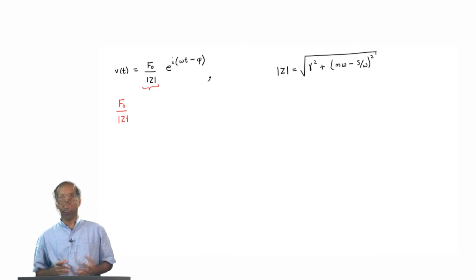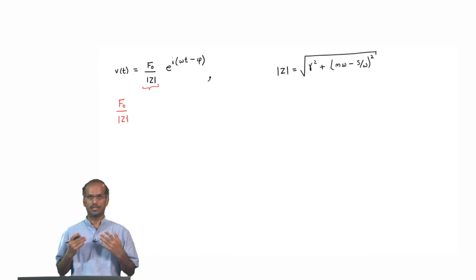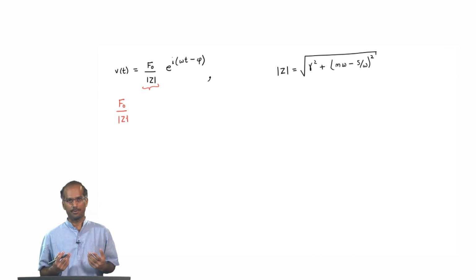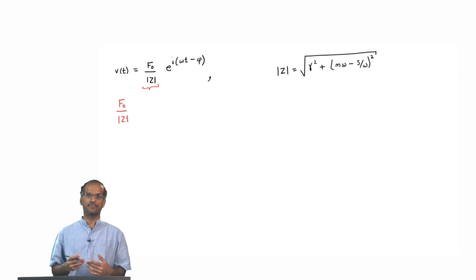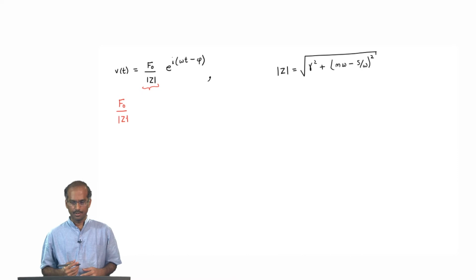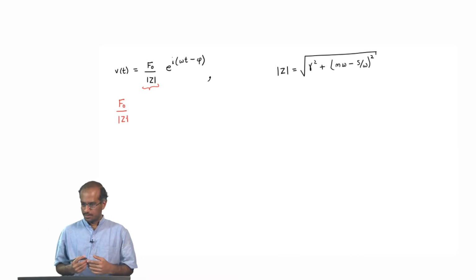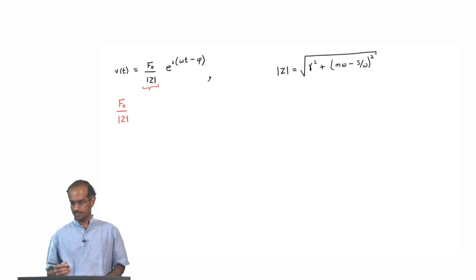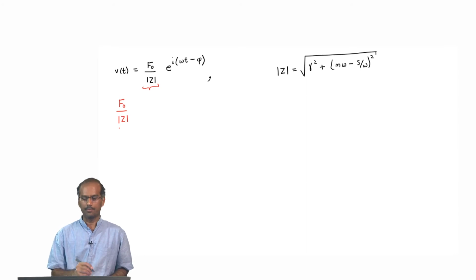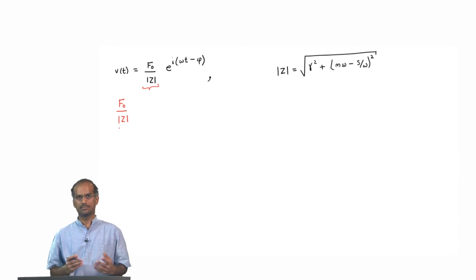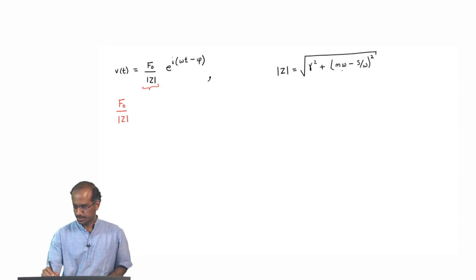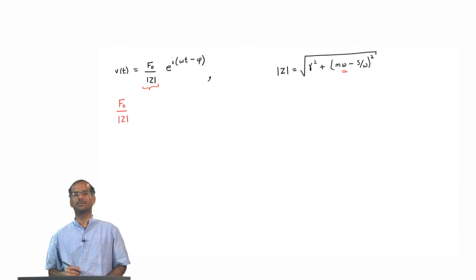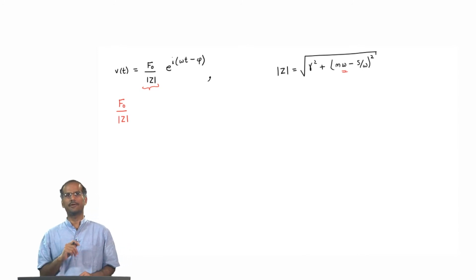F0 is a constant, you really cannot change it because it is given as part of the problem. You can't change the value of f0 in the middle of the problem. But what you can actually change is this quantity mod z, the impedance, which depends on the driving frequency omega. So, you can actually tune the driving frequency.